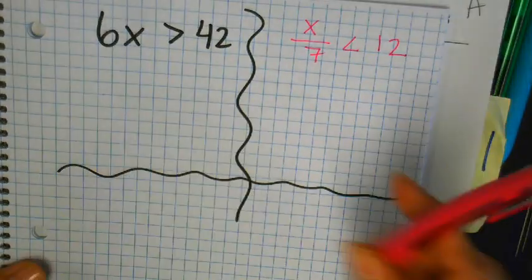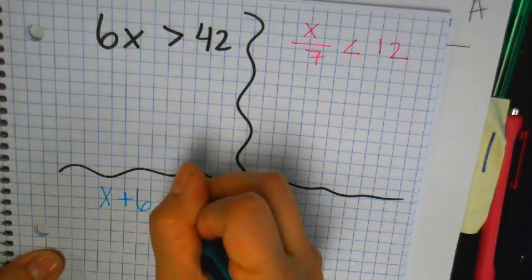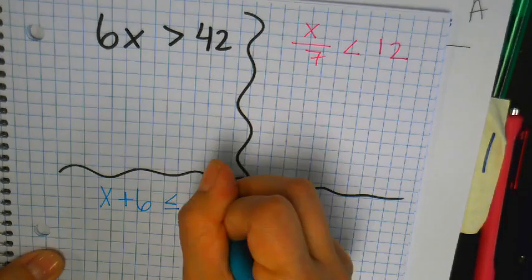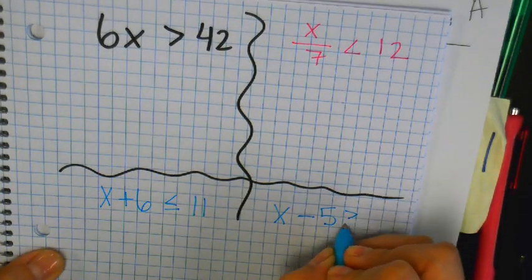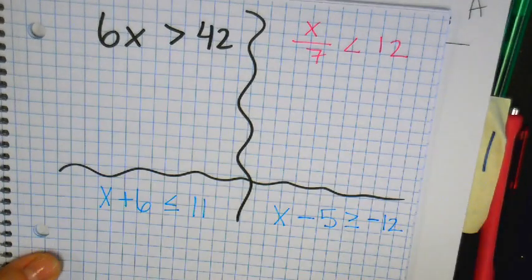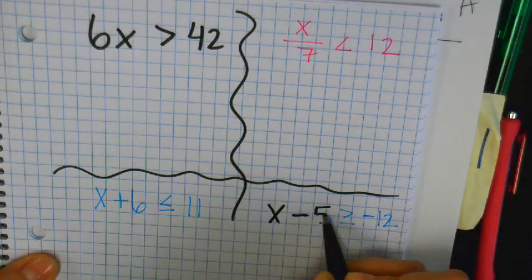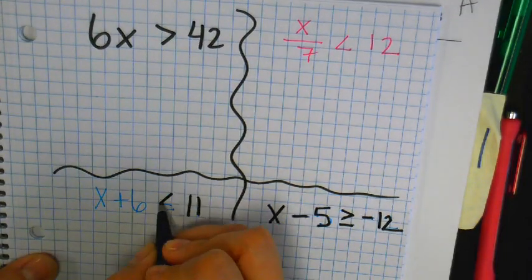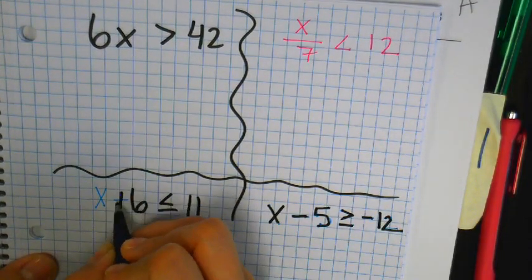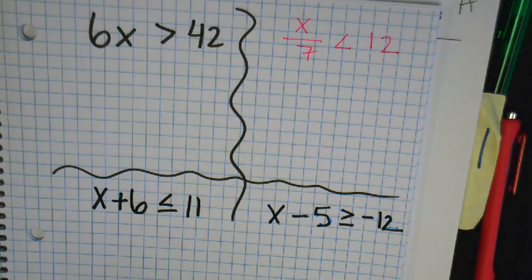And then x plus 6 is less than or equal to 11. And x minus 5 is greater than or equal to negative 12. Can you solve one of each of these problems? Yeah, because we got to practice for our test about graphing. So solving and graphing. This is basically your quiz next week. Half of this is your quiz today, the graphing part.